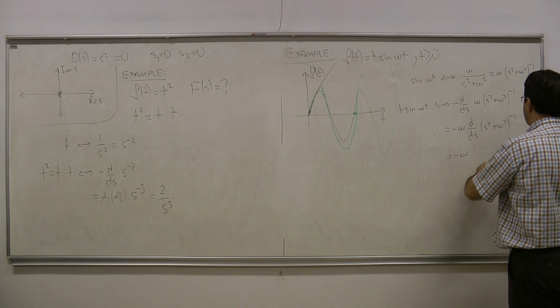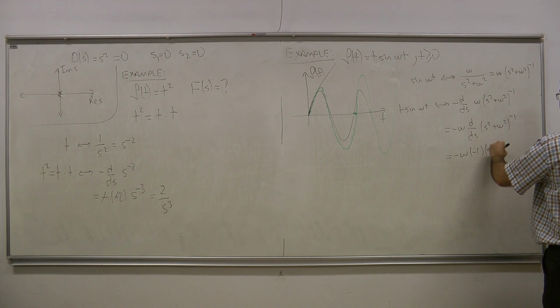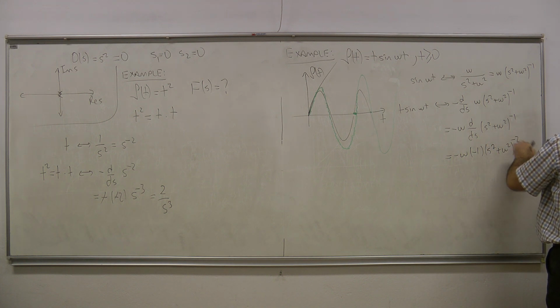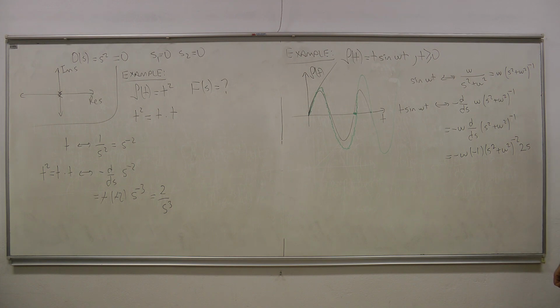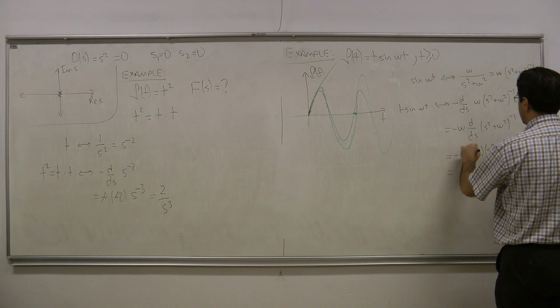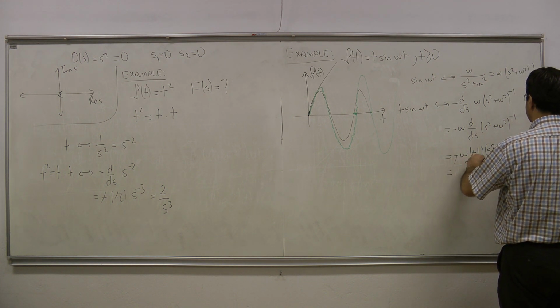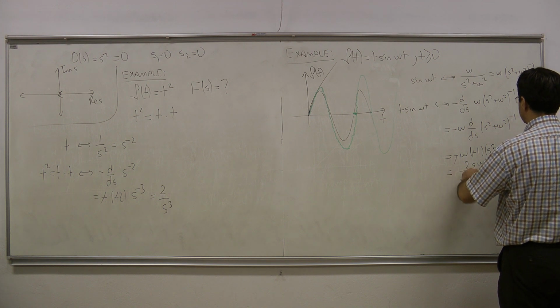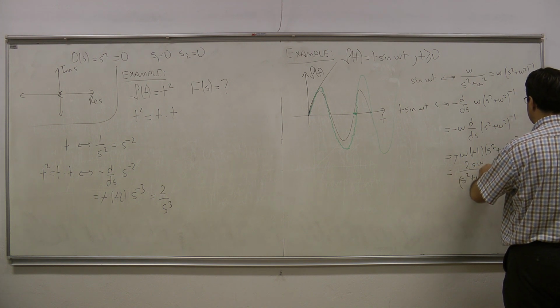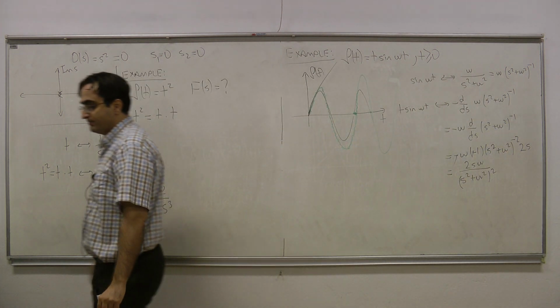So minus omega, and I have minus 1 times the same thing to the power minus 2, and derivative of inside with respect to s, which is 2s. Okay? Now let us write this thing. The minuses are cancelling each other. So I would have 2s omega divided by s squared plus omega squared to the power 2. All right?